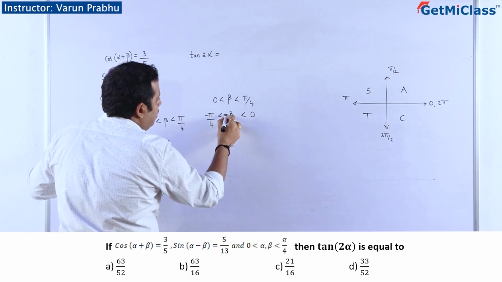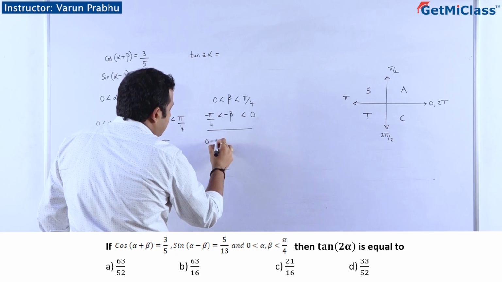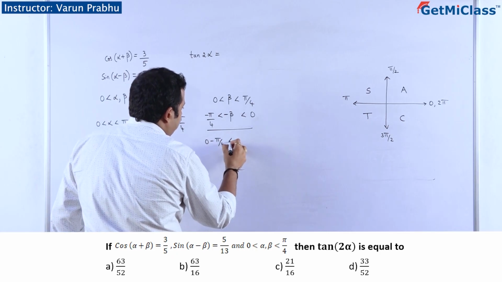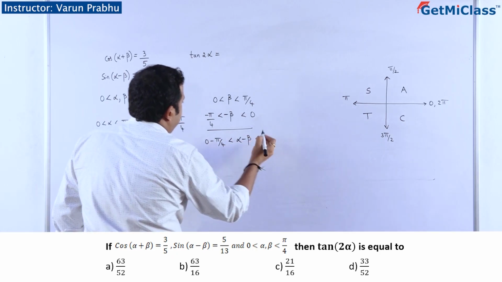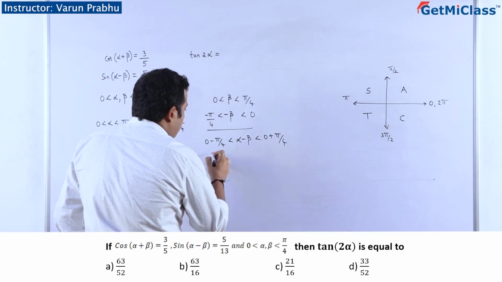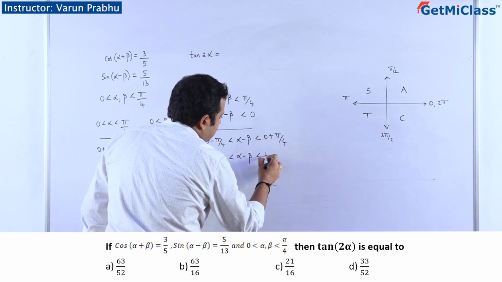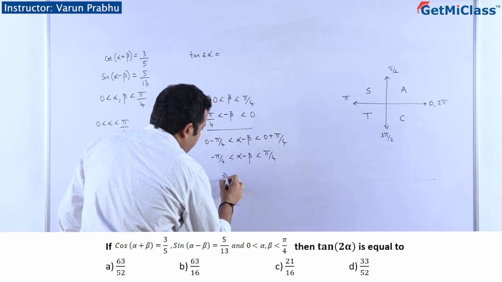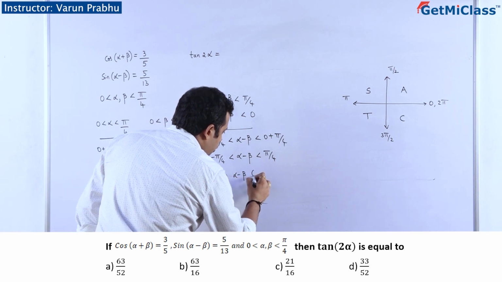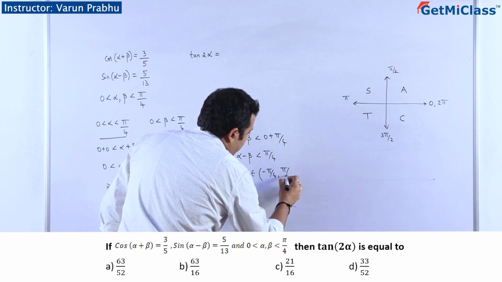This is minus beta, no? I'll add this part and this part. When I add, I'll get 0 minus pi by 4 less than alpha minus beta less than 0 plus pi by 4, correct? So, minus pi by 4 less than alpha minus beta less than pi by 4. This implies to me that alpha minus beta should belong from where to where? Minus pi by 4 to plus pi by 4.